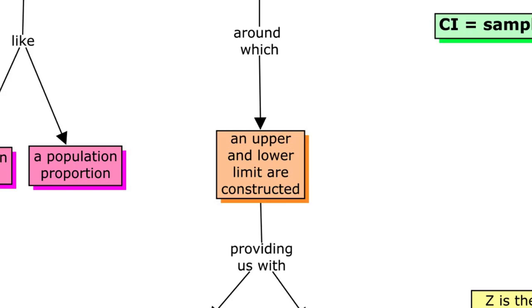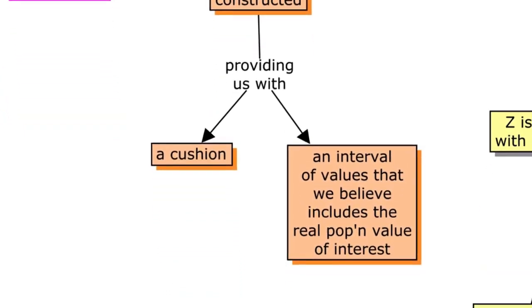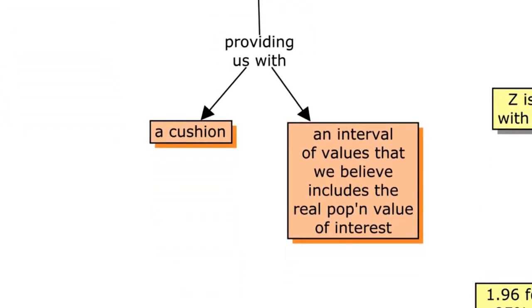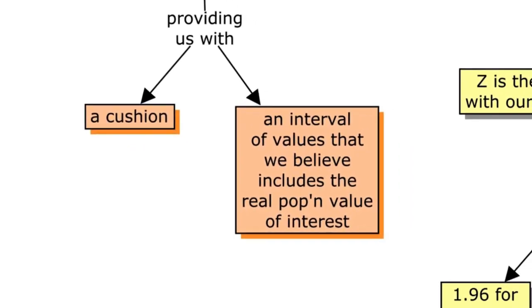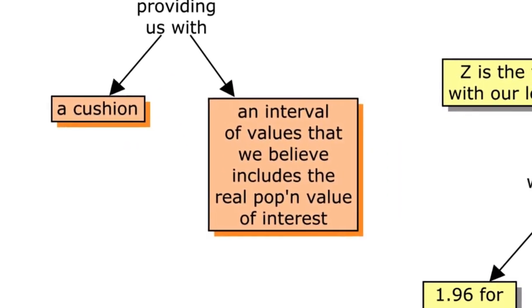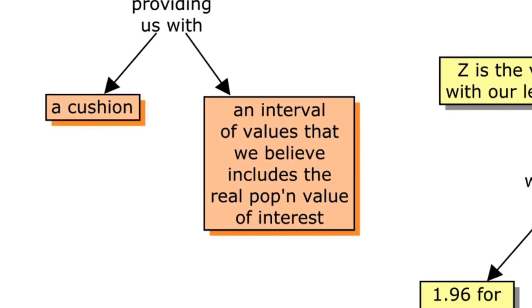Creating this upper and lower limit allows us to create a bit of a cushion around the sample mean or the sample proportion, whatever we're looking at. And as such, this upper and lower limit provide us with an interval of values that we believe includes what the actual population value of interest really is.